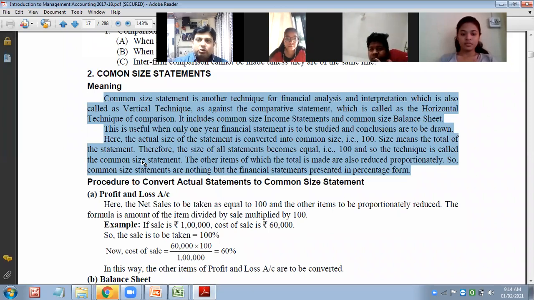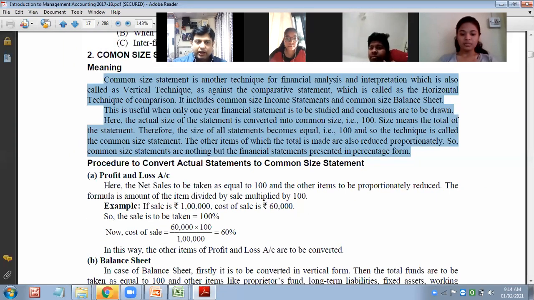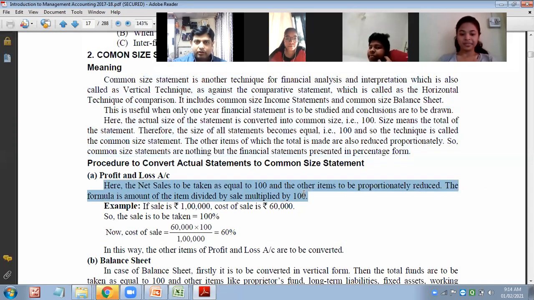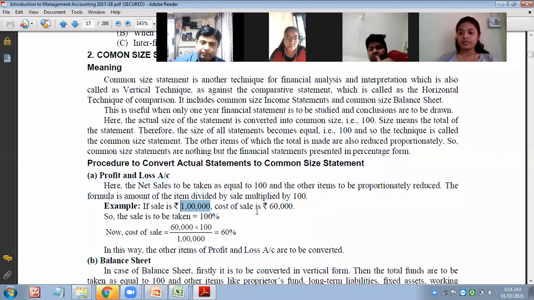So these are the two elements on which we should start. If it is an income statement, sales is to be considered as 100 and other items to be considered as a proportion of sales. Suppose for a company sales is 1 lakh and cost of sales is 60,000.